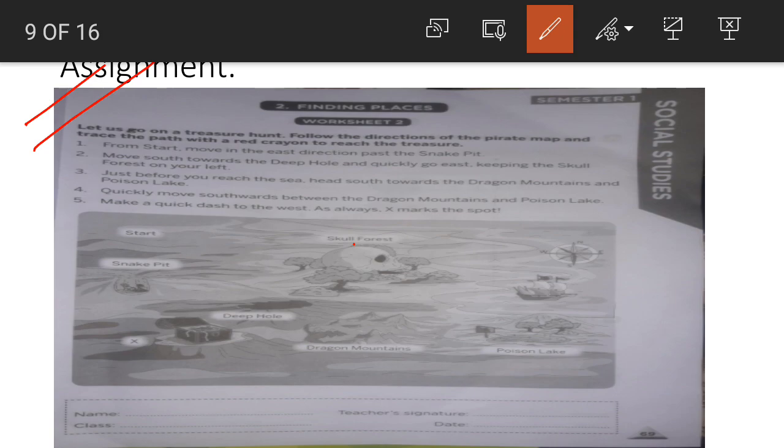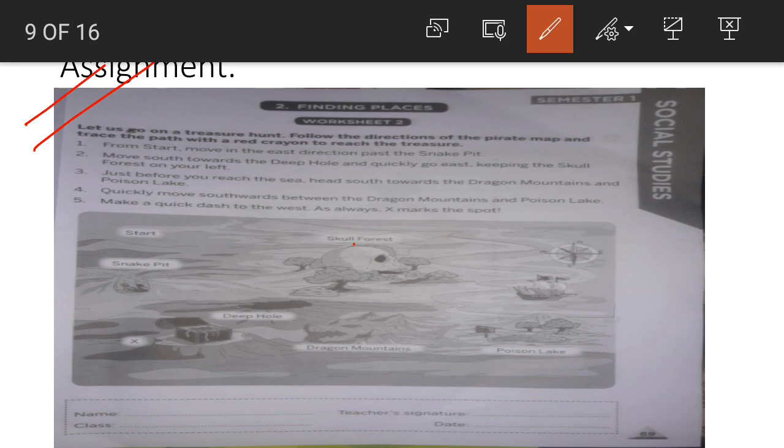Just before you reach the sea, head south towards the Dragon Mountains and Poison Lake. Quickly move southwards between the Dragon Mountains and Poison Lake. Make a quick dash to the west. As always, X marks the spot. So X is the spot, the destination.